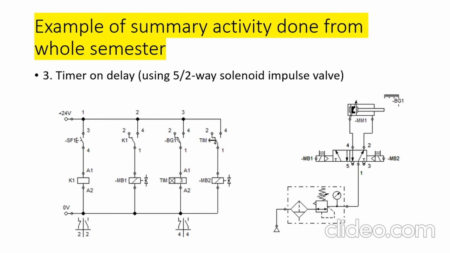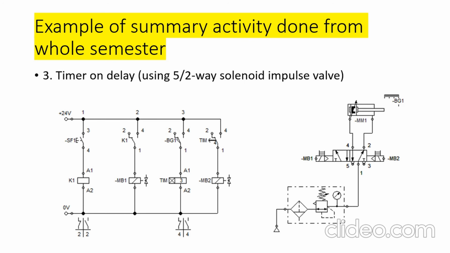So I will present an example of a summary activity done over the whole semester. I will choose the timer on delay using a 5/2 way solenoid impulse valve.